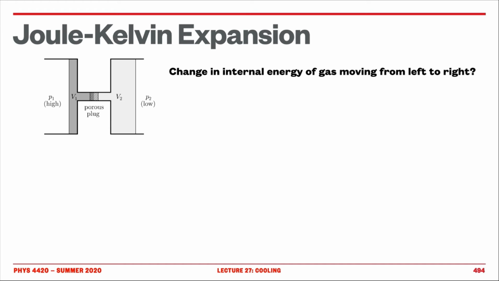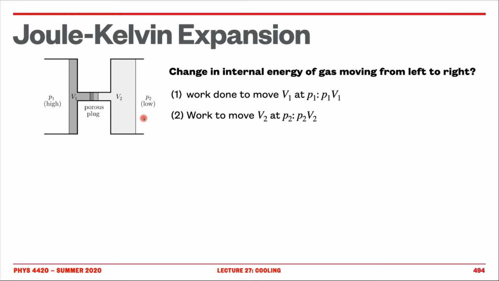So what's the change in internal energy? Well, the work done to move V1 against P1, which is exactly what we have to do here, is of course P1 V1. We've seen this before. But we also have to move the volume V2 against P2, so this is a work P2 V2 on the right-hand side.